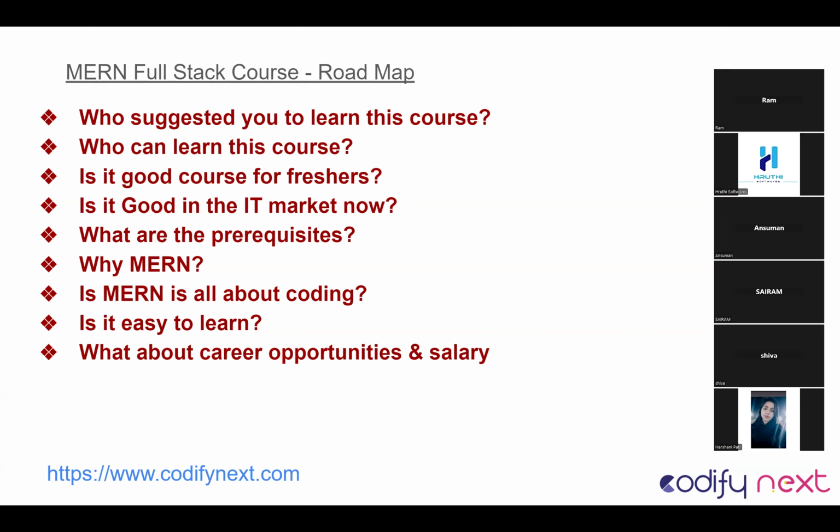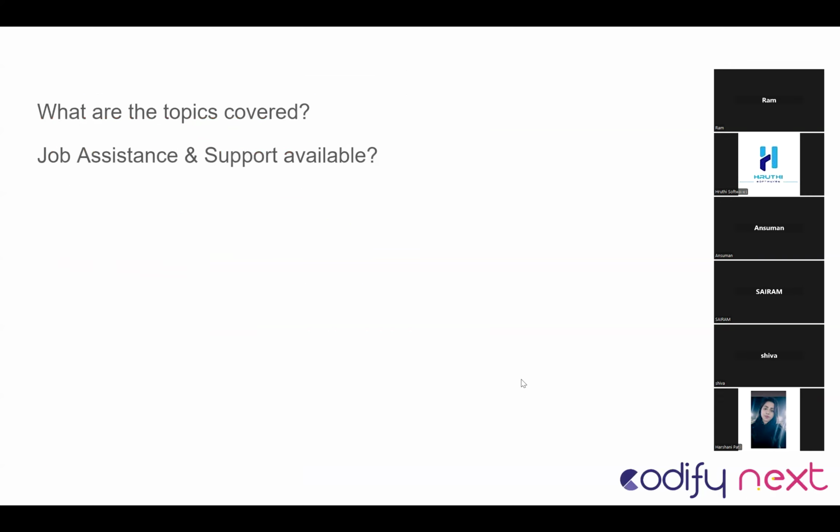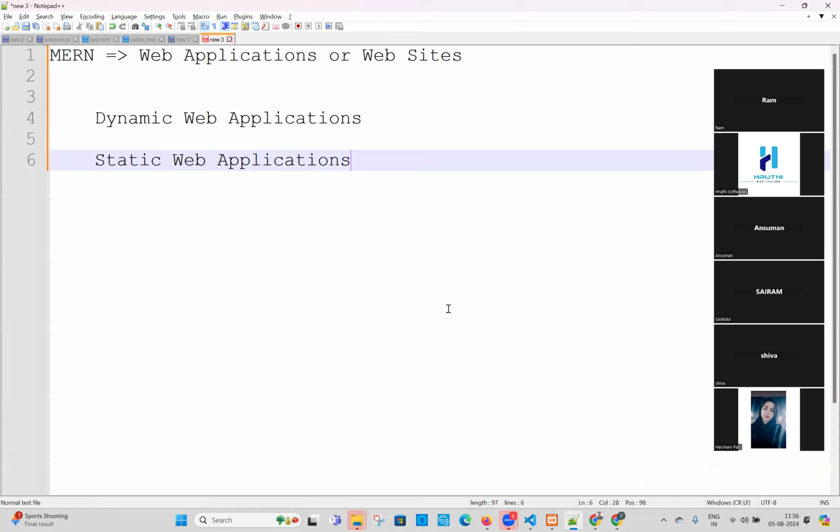My suggestion: what is the best course as a fresher to get a job immediately? This is what we want to talk about exactly. What are the topics covered? Job assistance and support are available 100%. This we will provide you. But for whom can I provide this? I mentioned 5 technologies here.